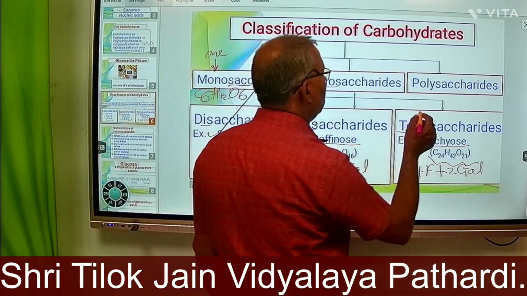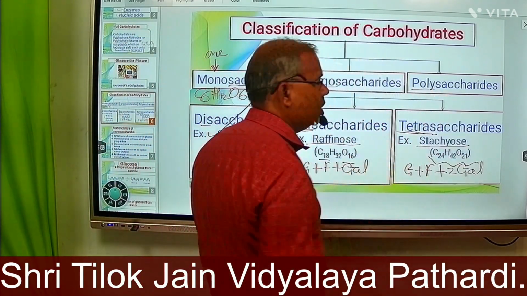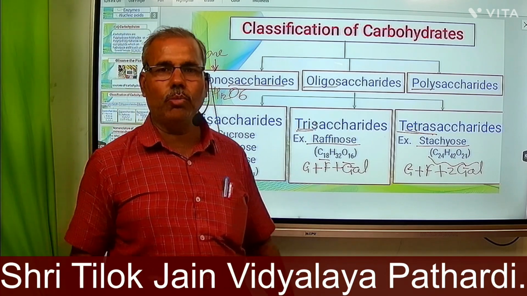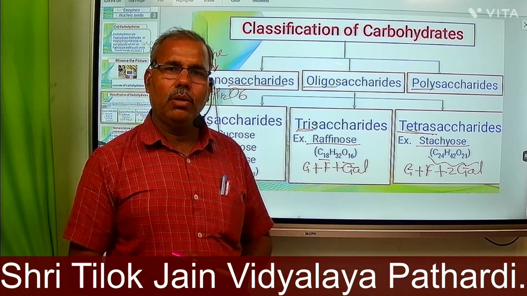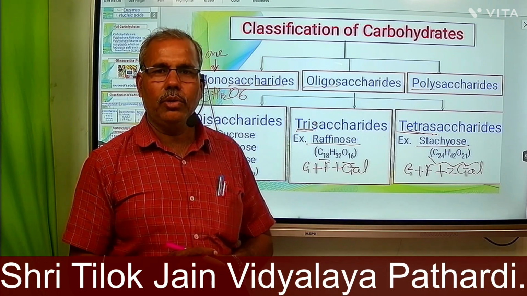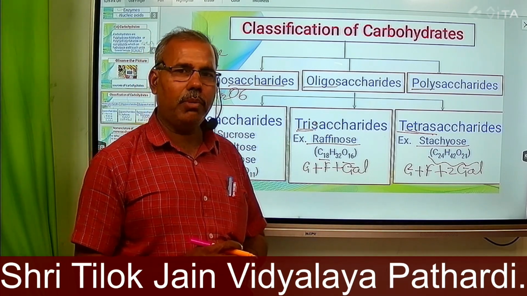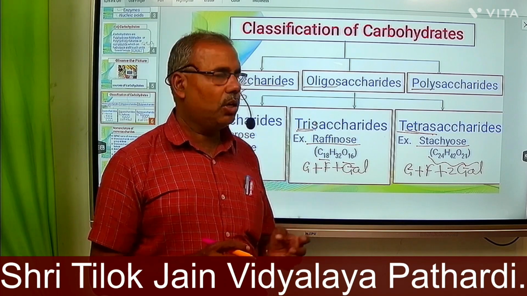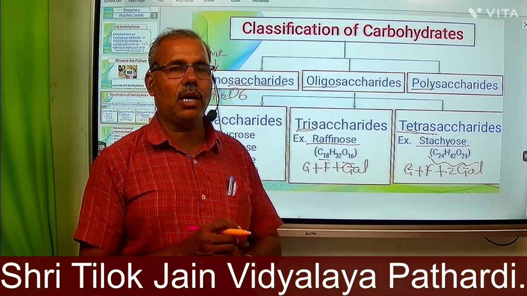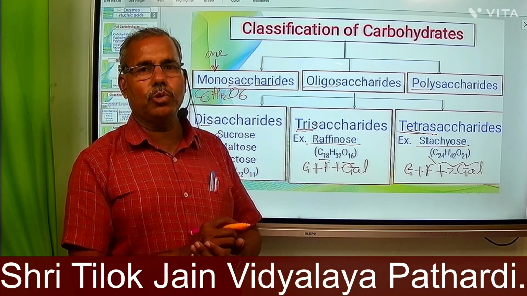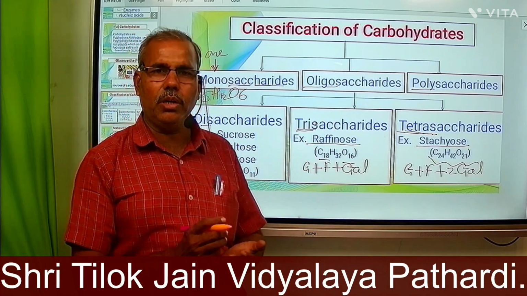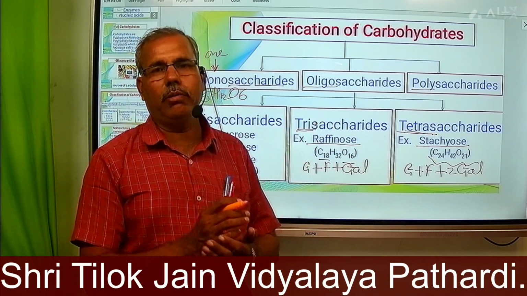Now the third class of carbohydrates is polysaccharides. Poly means more than 1. But when 2 to 10 units are combined, we say oligosaccharide. Therefore, polysaccharides are the carbohydrates which on hydrolysis yield a large number of monosaccharide units. Large number here means more than 10, but it will be very, very large.